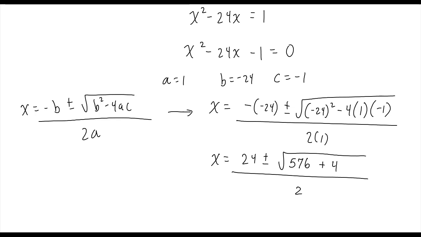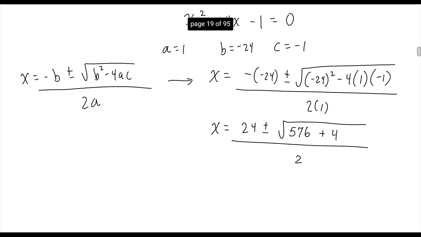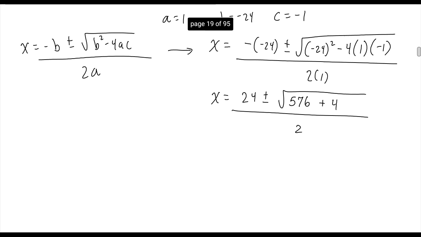All of this is over 2. Okay. 576 plus 4 is 580. So I need the square root of 580. I'm going to leave some space there for a second.